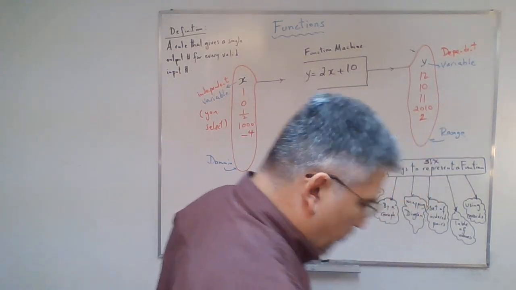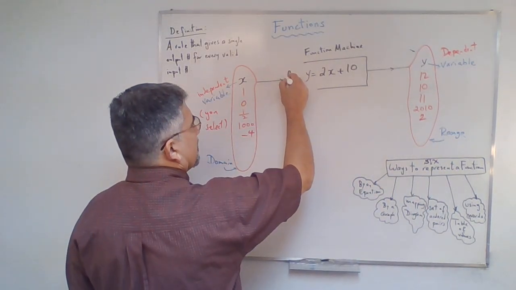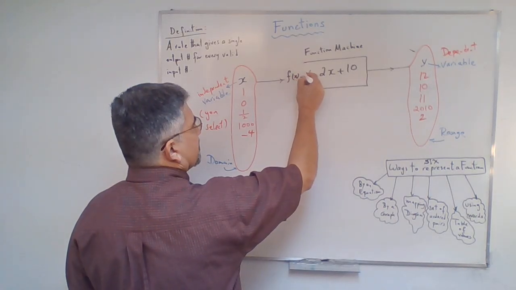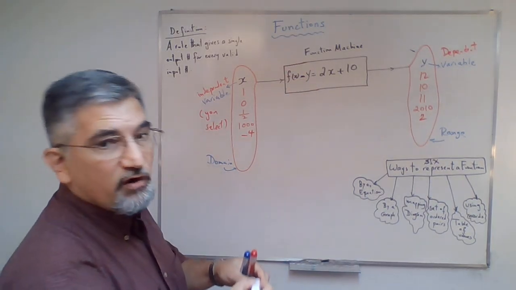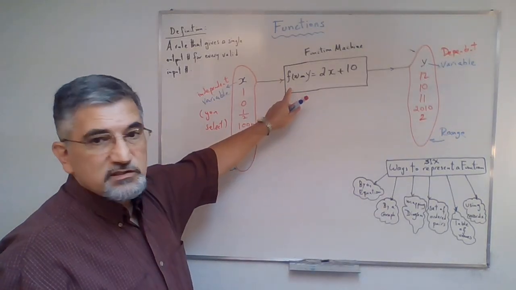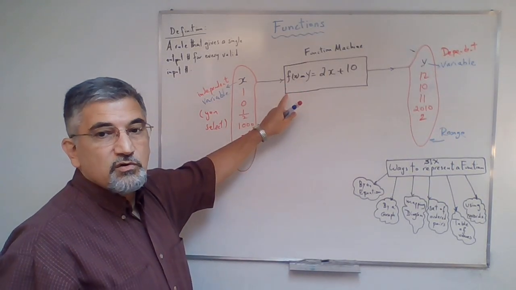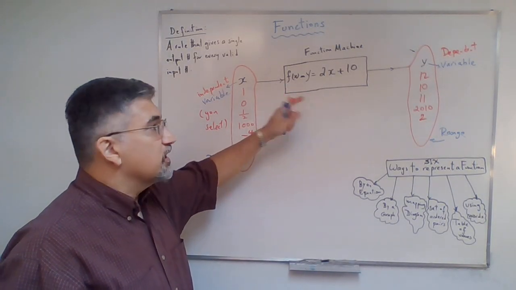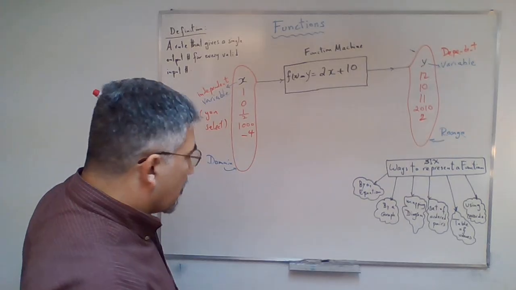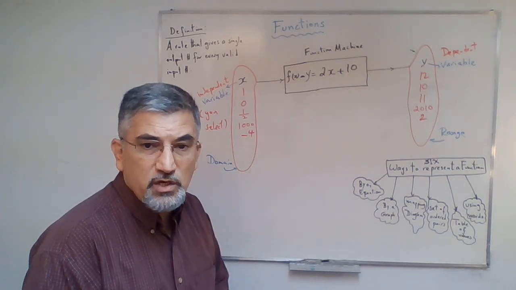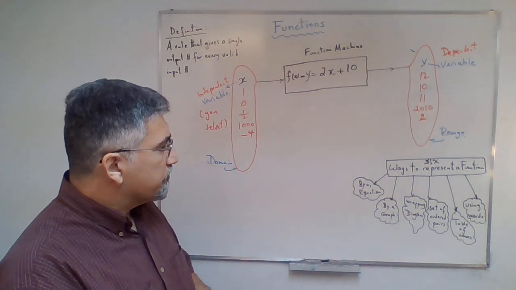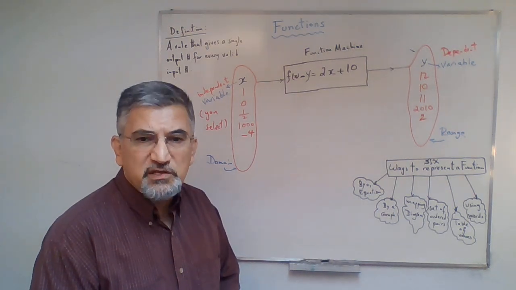Instead of writing y, we can show the function in the form of f and then open close brackets, put x inside. You read it as f of x. So f of x is the same as y. It's just called function notation. It's a way to show the dependent variable. Okay, so now that we learned what a function is to begin with, we want to know how many ways can we represent a function?